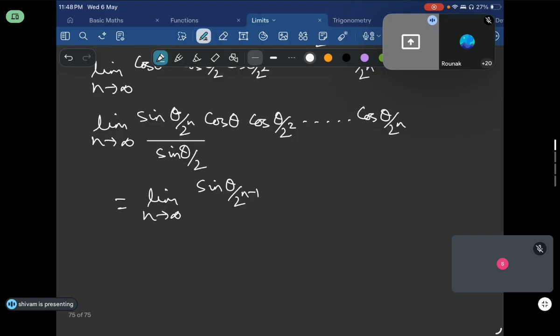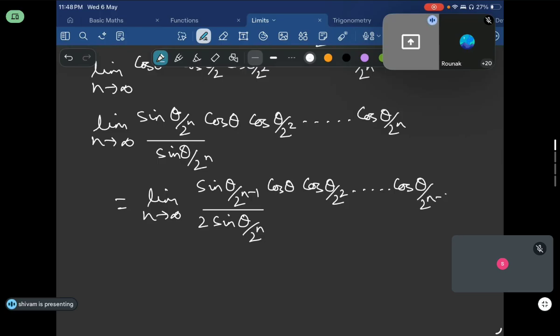The whole thing will be divided by 2. So divided by 2 sine theta by 2 to the power n. Okay. Multiplied by cos theta. Multiplied by cos theta by 2 square. Dot dot dot dot up to cos theta by 2 to the power n minus 1.